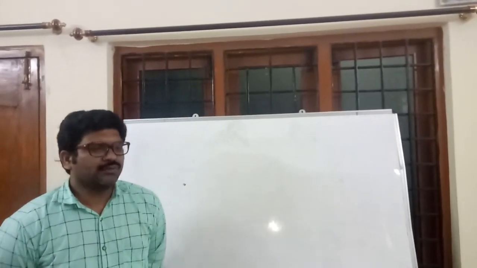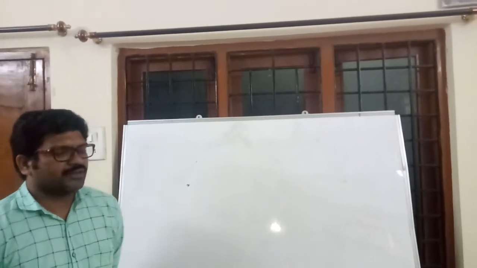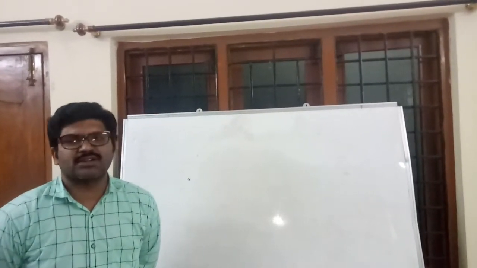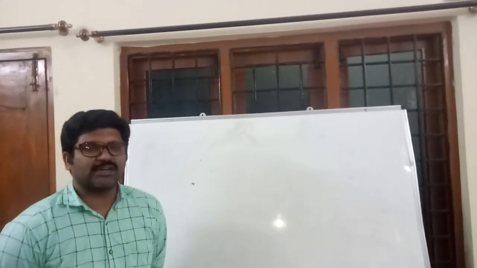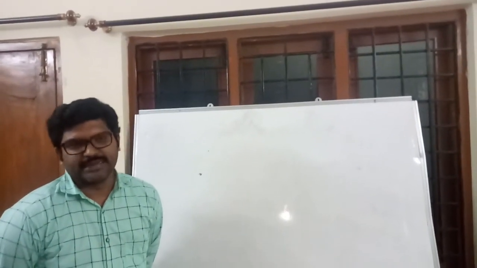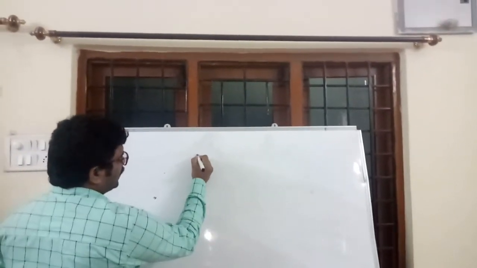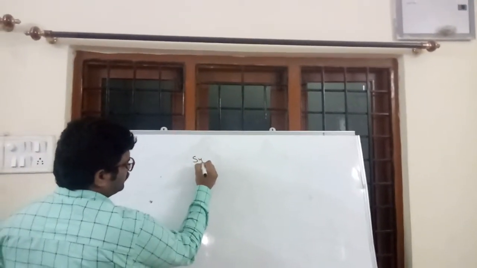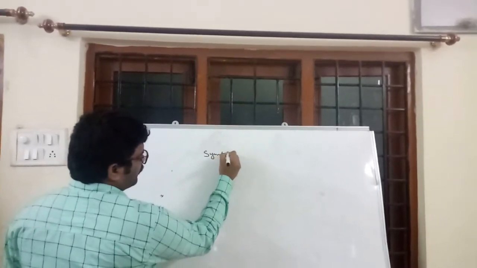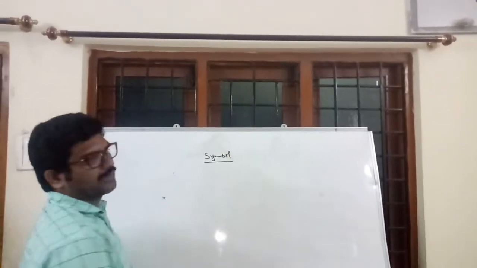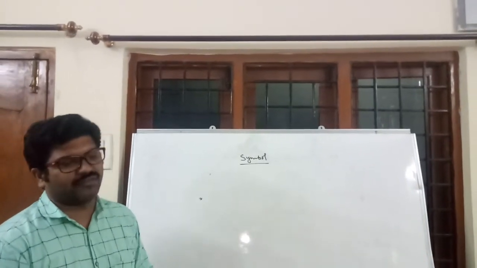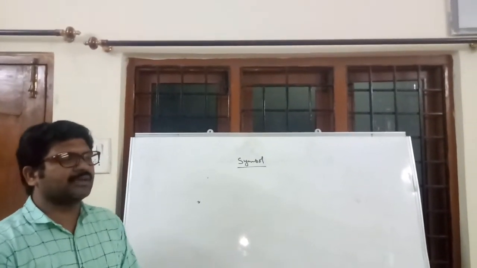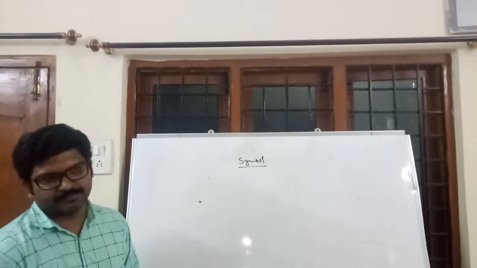Okay. So now the first concept related to formal language and automata theory is the central concepts of automata theory. In that, the first definition we need to learn is symbol. What is meant by a symbol? Symbol is a basic building block of automata theory.